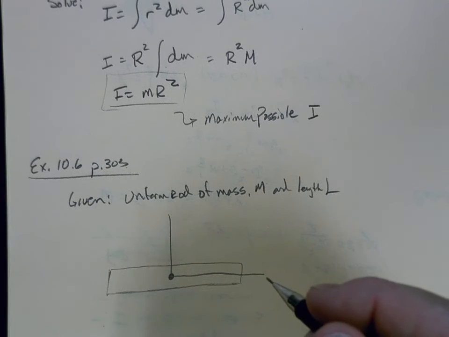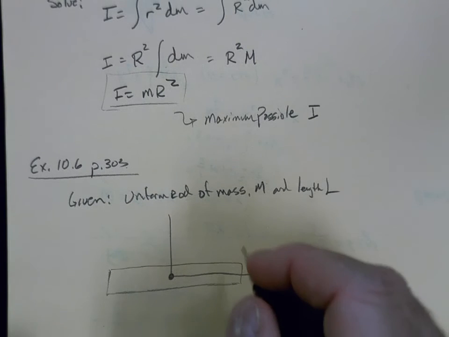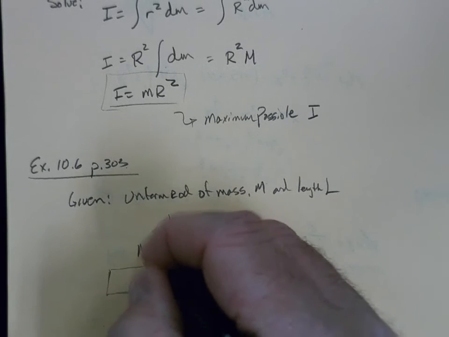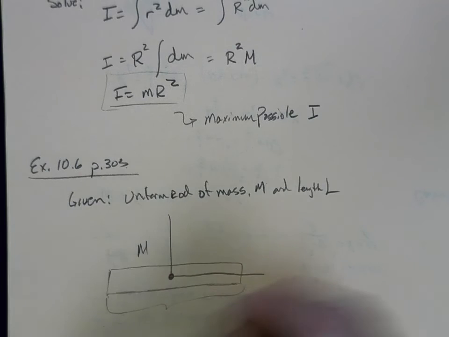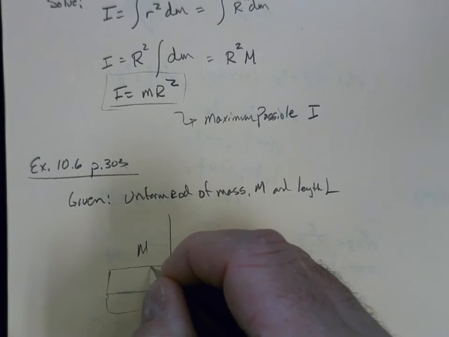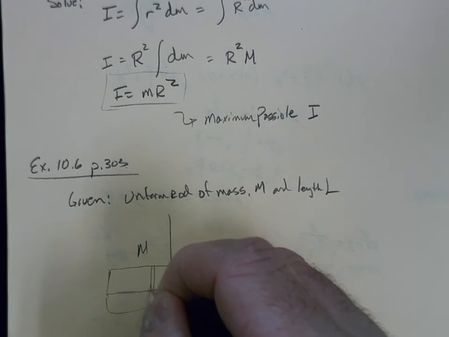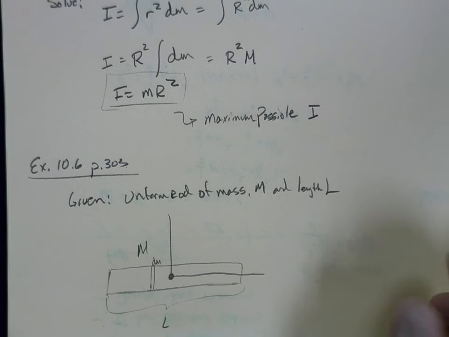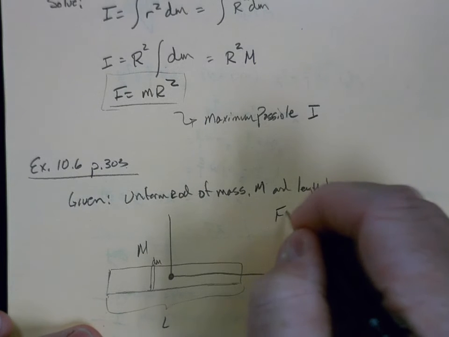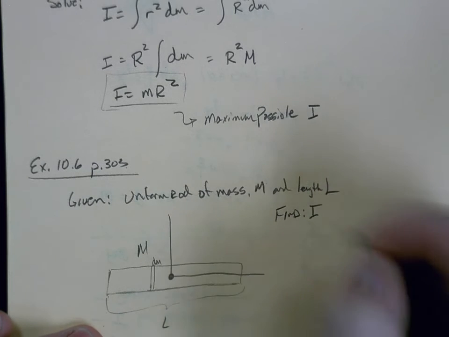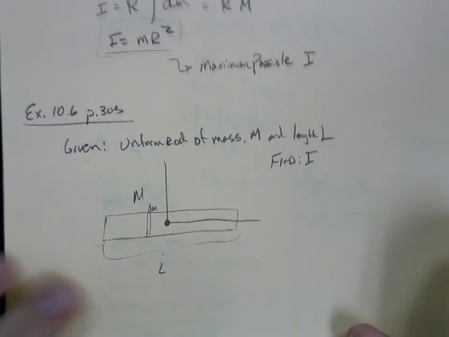So this whole thing has a mass m, the whole thing is length L, and our dm looks like that. There's our dm. We want to find I, and we're going to solve.